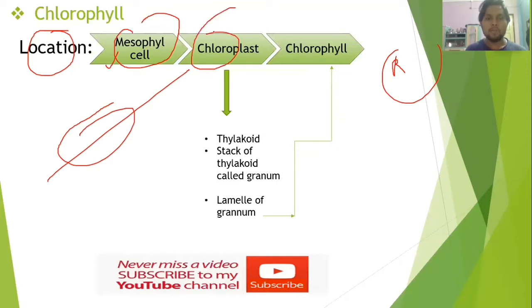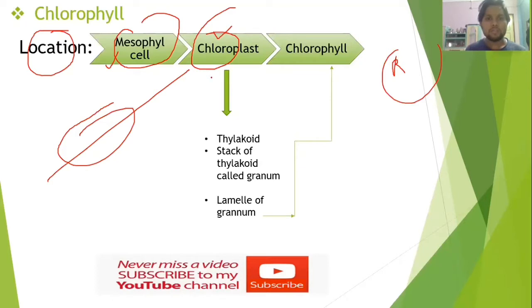Now chloroplast. Chloroplast is the plastid. Everyone knows about the plastid, right? That plastid is the cell organelle, which contains pigments like photoreceptors, and there are other plastids like etioplast.